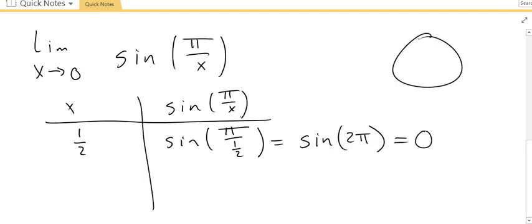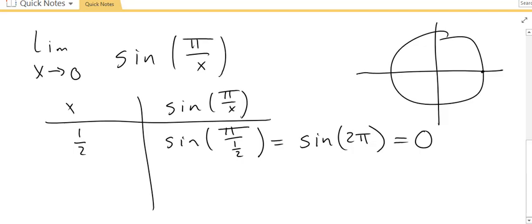If you remember your unit circle, when we're dealing with sine functions, we're looking for the y value. And if we're looking at these radian measures, 2 pi would be going around the circle 1 complete time and ending on the x-axis. And at that point, the y value is 0. So sine of 2 pi is 0.